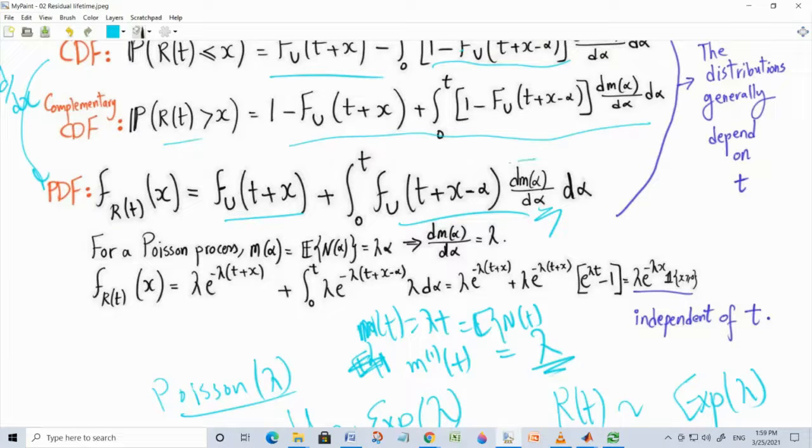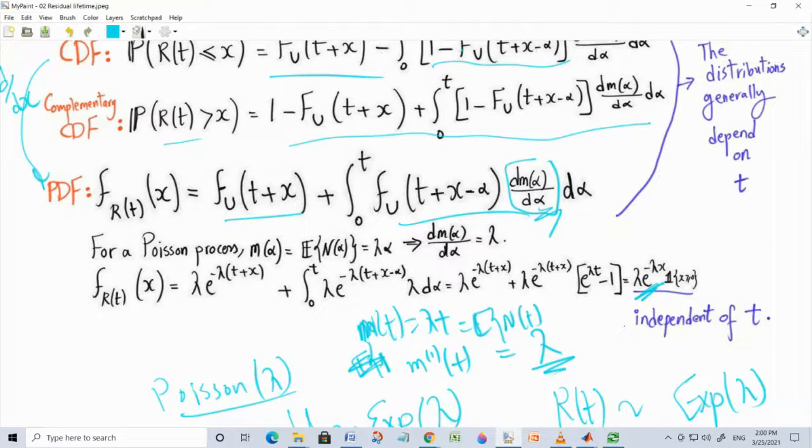For a Poisson process, this thing here is not a function of t; it's just the constant lambda. You put it there, and you find that anything related to t will cancel out, and you are left with a PDF which is exactly the PDF of the inter-arrival time. Which again is so cool.